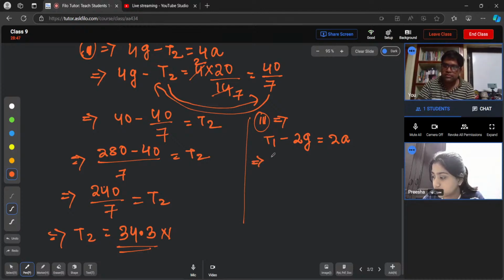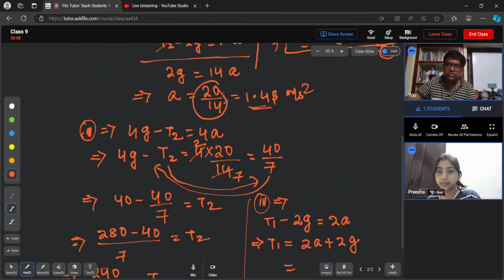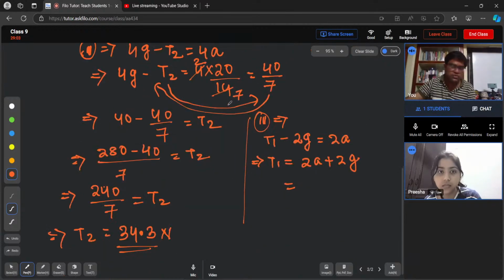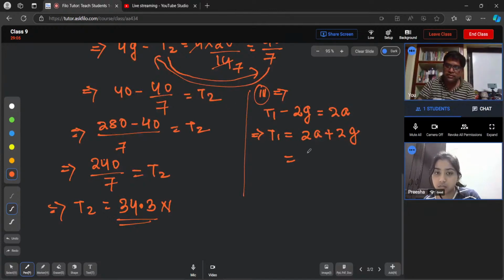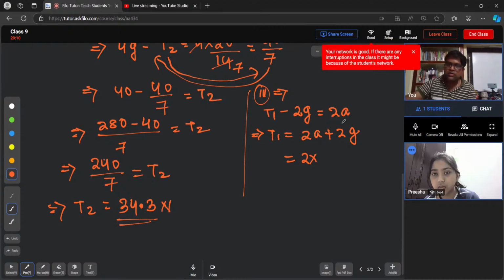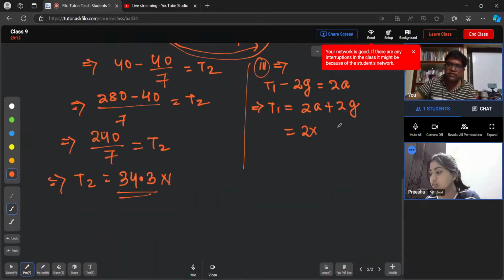So T1 equal to 2a plus 2g, and a we have already found out, that is 20 by 14. So let us put the value of a here: 2 into 20 by 14 plus 2g, let's say, 20.